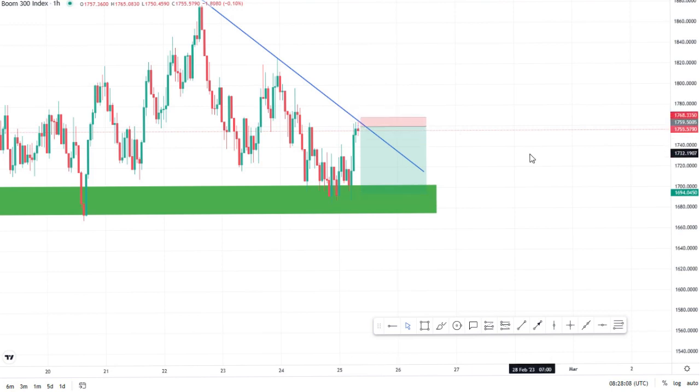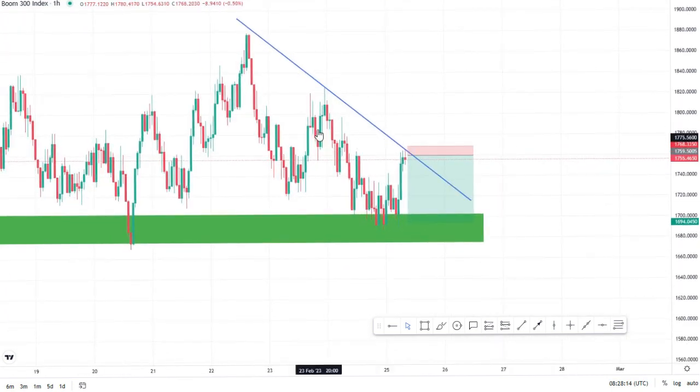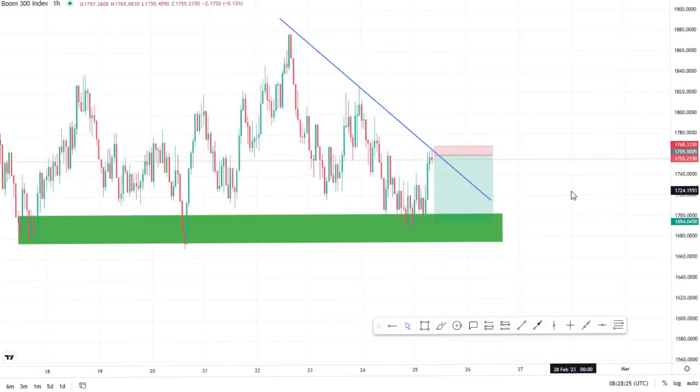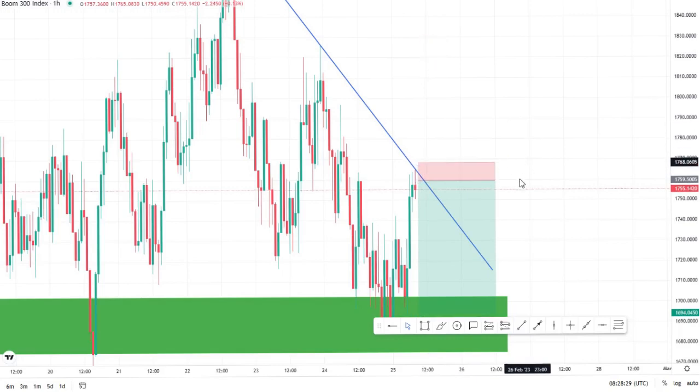So if the price is giving me confirmation, like giving me everything I need, I call it reduced risk entry. It doesn't mean that if you are taking a reduced risk entry you can't hit your stop loss. No, after taking the entry you can actually get your stop loss triggered.